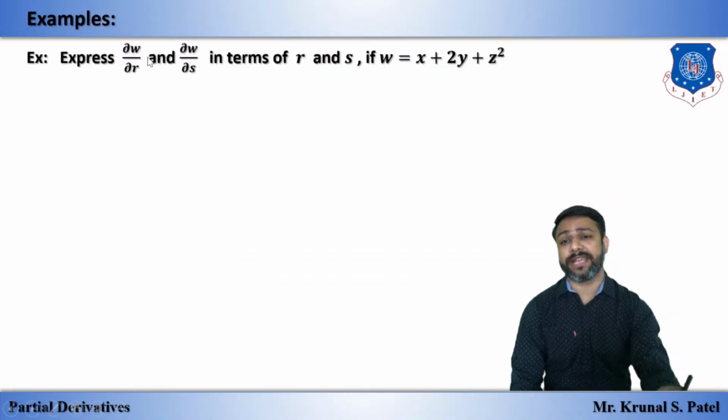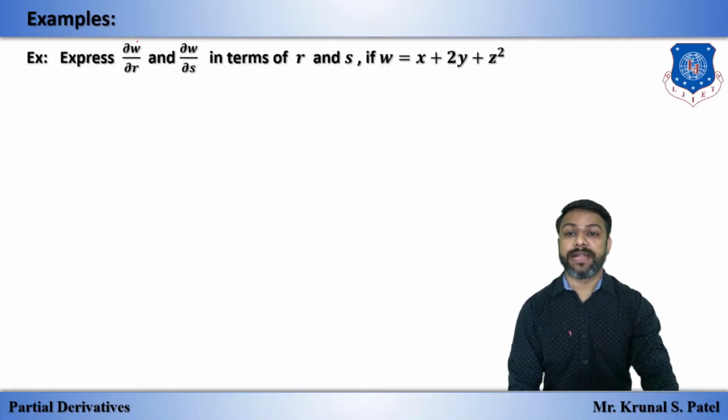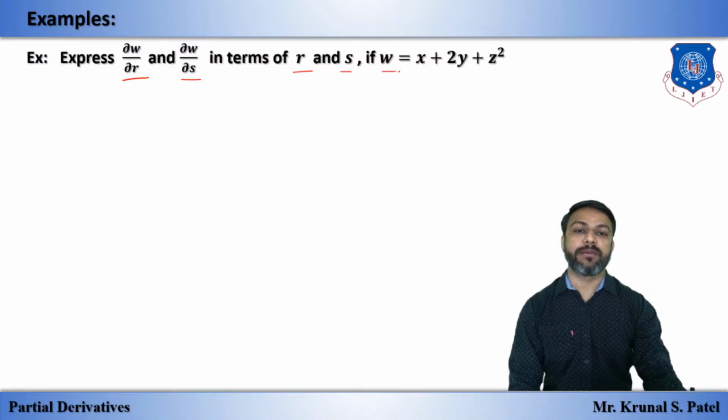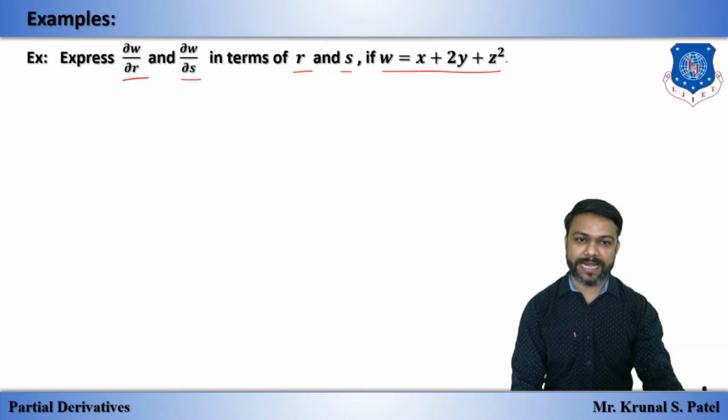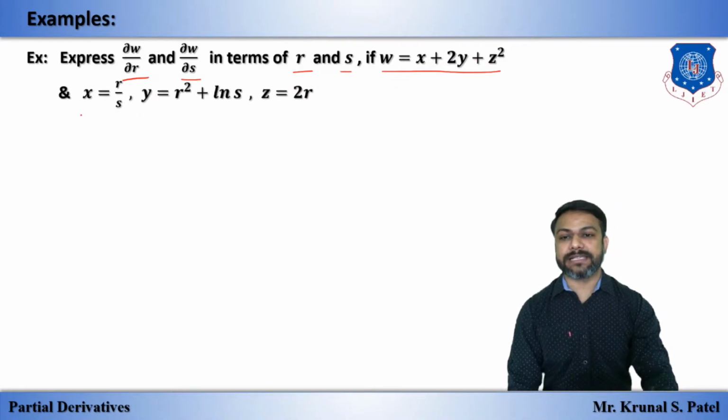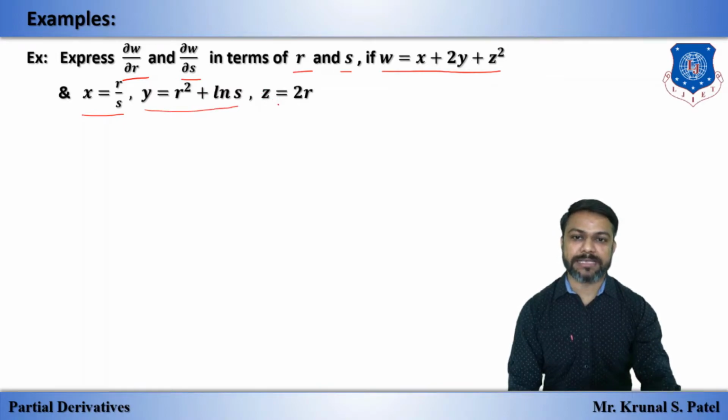First example, we have to express del w by del r and del w by del s in terms of r and s if w is given by this function, that means w is a function of x, y, z, and x is given by r by s, y is given by r square plus ln s, and z is given by 2r.